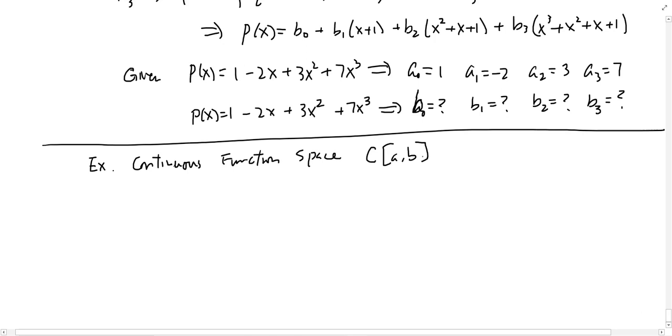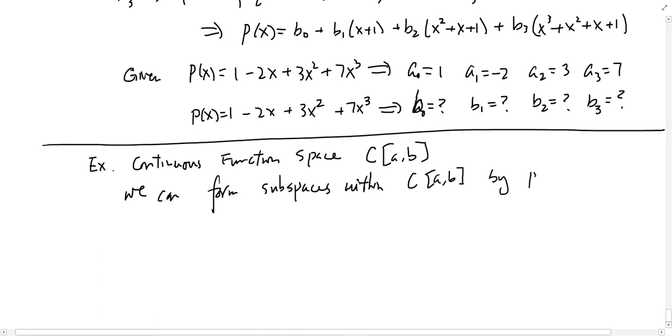So now I can form subspaces within the continuous function space by providing a span. Just like this, the first one. Suppose I look at S to be the set of 1, x, x squared.